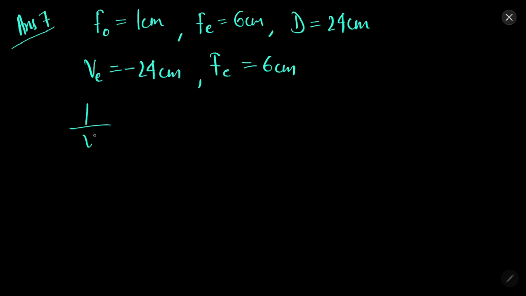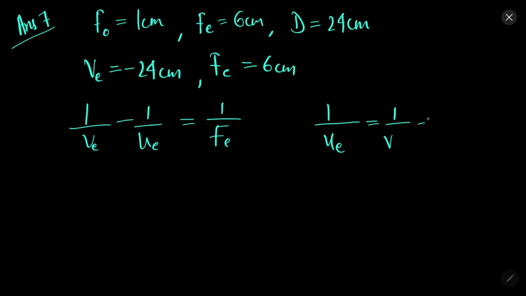So from here we can find the location of the object for the eyepiece lens, just like we did in the above question. Let's put all the values. 1 over UE will be equal to 1 over V minus 1 over FE.